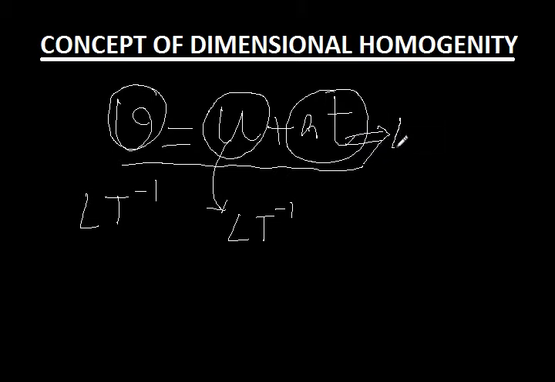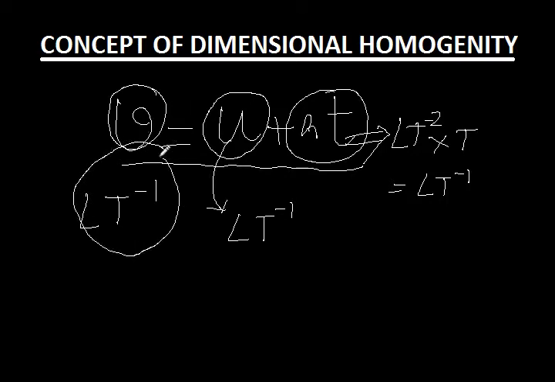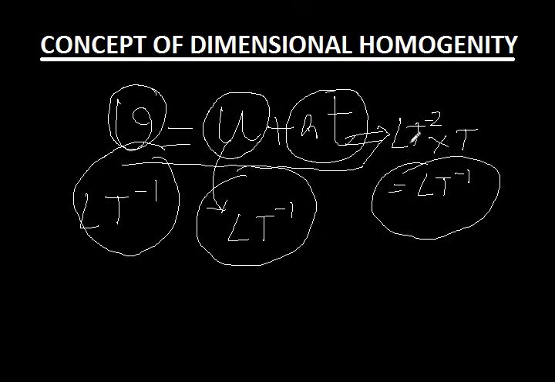So acceleration, as you know, is L t to the power minus 2 into t. So that happens to be L t to the power minus 1. So that shows that in every equation that we write, all the quantities are having same dimensional value. So this is what we call dimensional homogeneity.